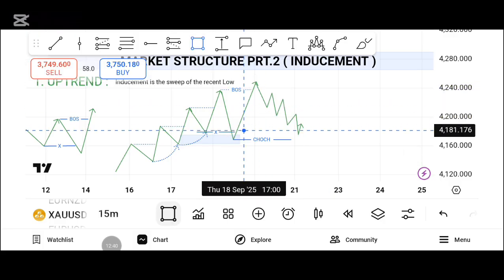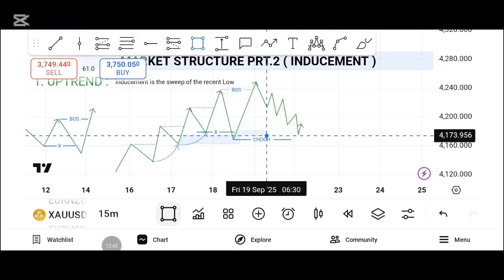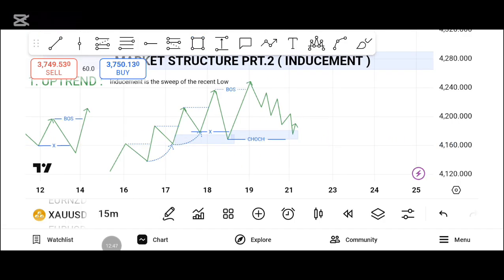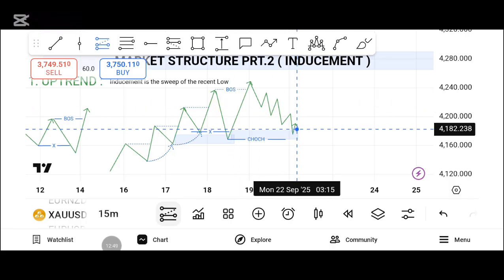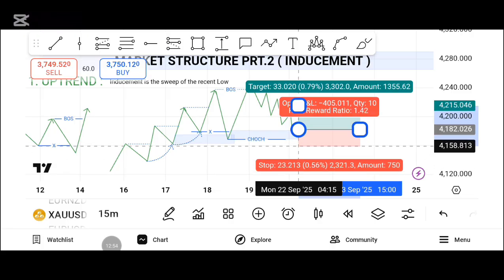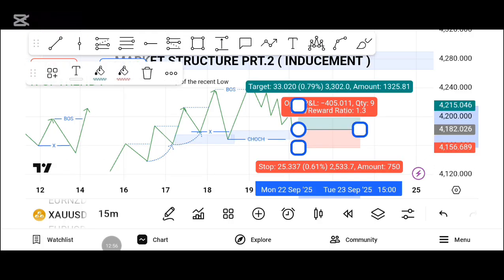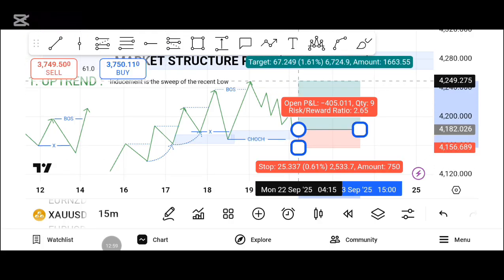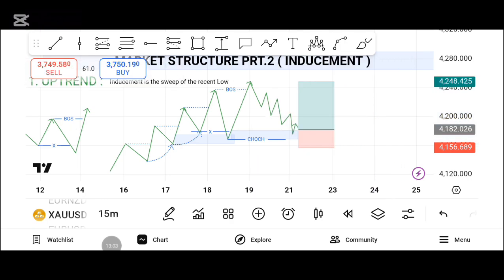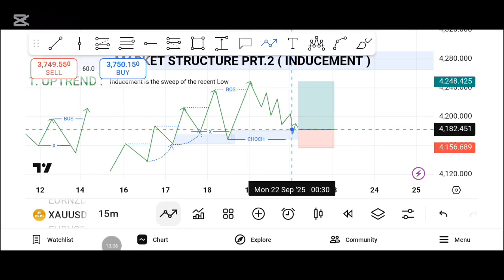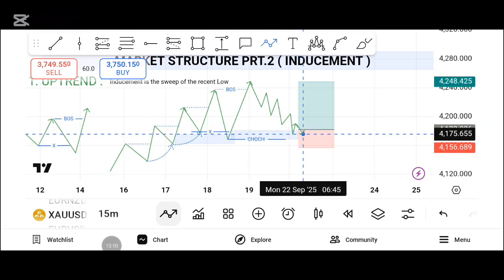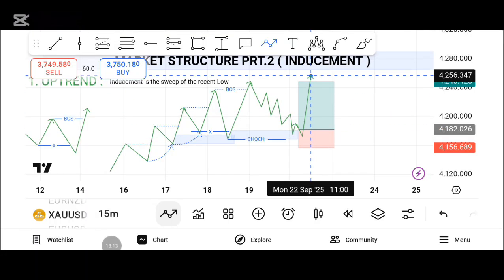Maybe we have a POI at this point here, and you can see that price has mitigated it. We can go ahead and take our long position from this region, place our SL a little below it, and target the recent high. Price will definitely retrace back to mitigate it here and give us a valid break of obstruction.